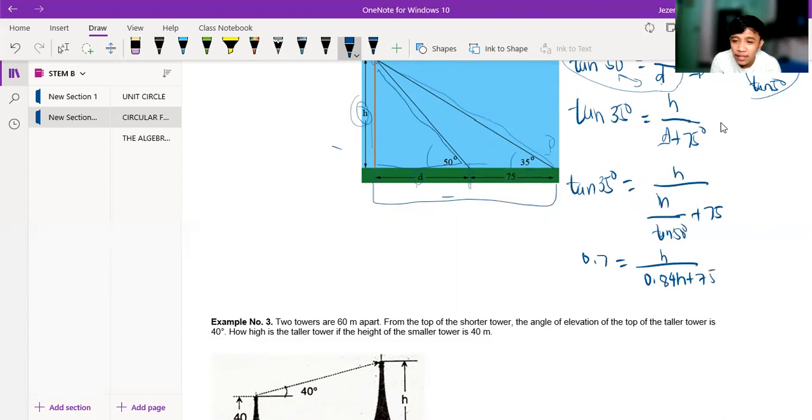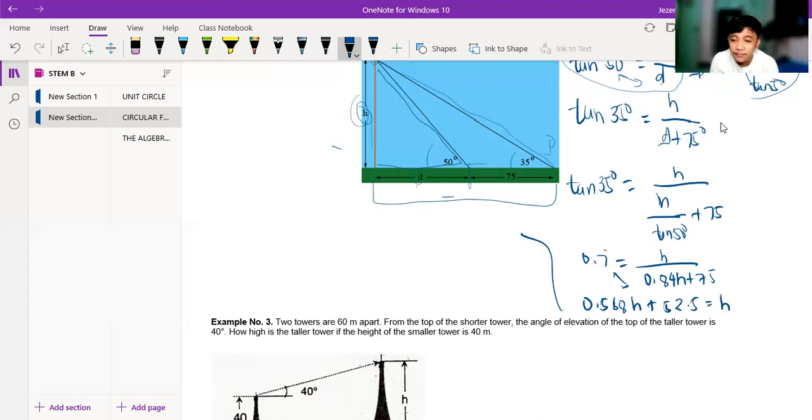Okay, so multiply natin. So, 0.7 times 0.84 is 0.588 H plus the 0.7 times 75. 0.7 times 75 is 52.5 is equal to H.